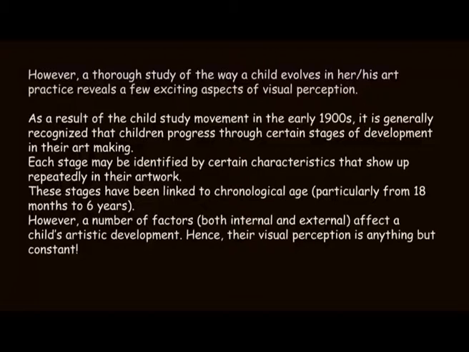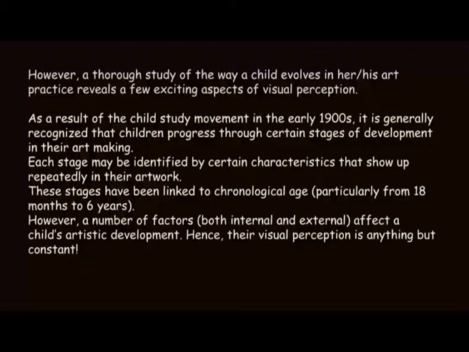So there is a pattern that one discovers, particularly art historians and child psychologists. They have certainly observed certain patterns, and that is why they are able to come up with certain theories of development of child art. Now these stages have been linked to the chronological age, particularly from 18 months when a child is a toddler to 6 years.